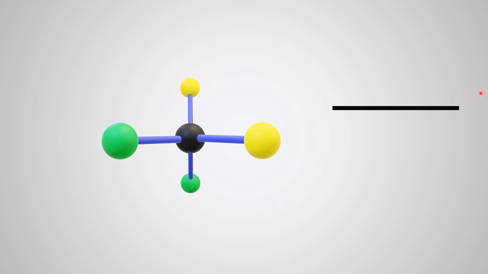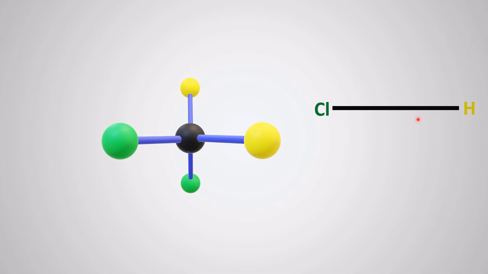If you see this dark line, this represents the plane which is coming towards the observer. Here you can see that this chlorine is coming towards you, and therefore it is written on the left hand side. This hydrogen is written on the right hand side because it is on the right hand side and coming towards the observer.